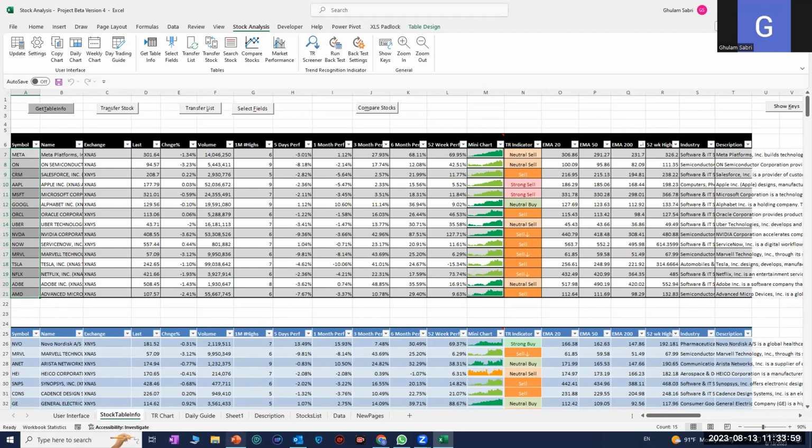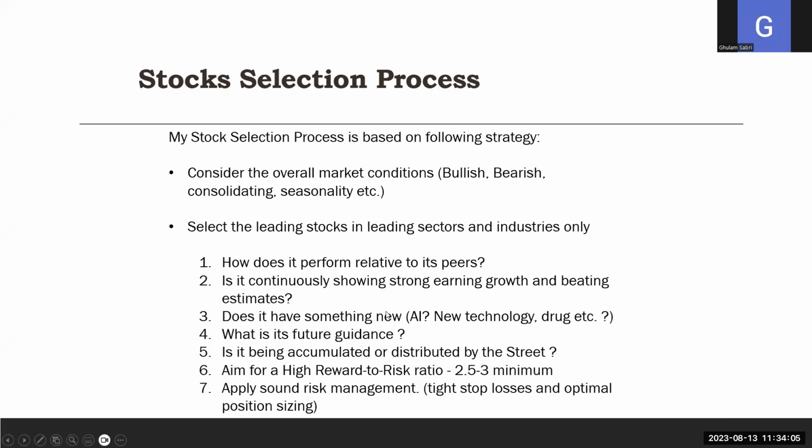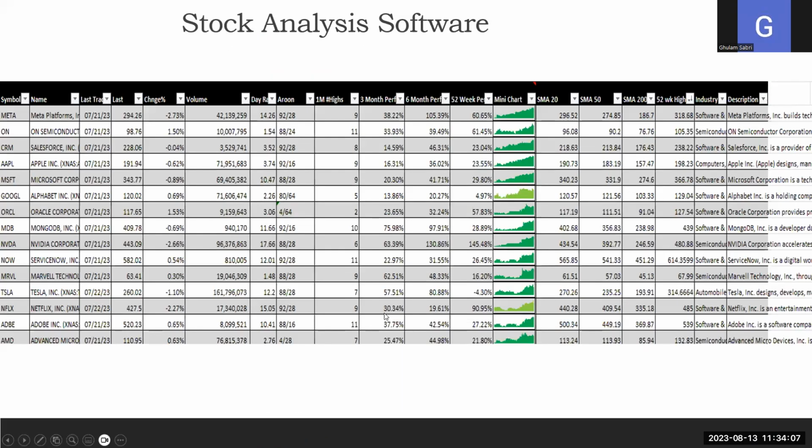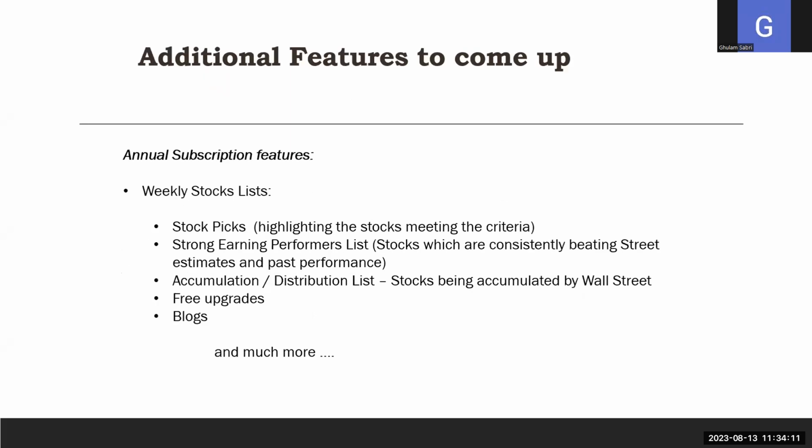So when I launch this professionally, commercially, then on a weekly basis we will have these kinds of discussions. We'll have a list of stocks, why we have picked these stocks, what is going on with the industry and the company itself. Does it have some new products? Is it showing strong earnings?